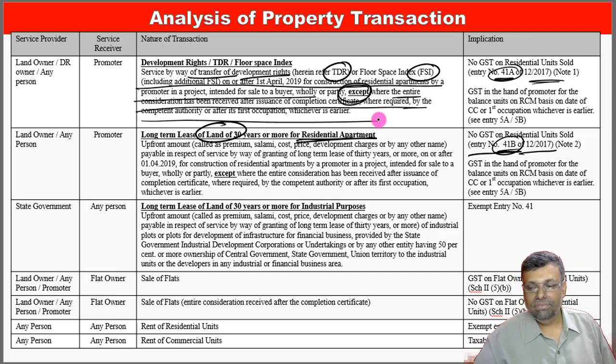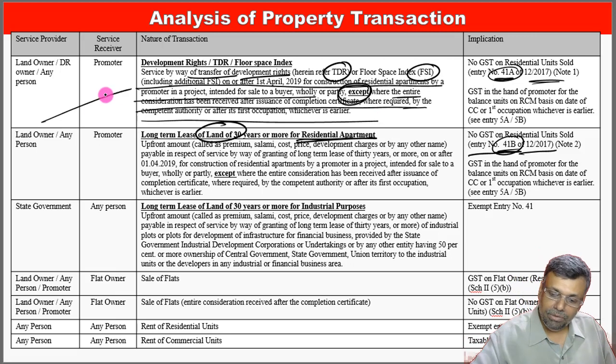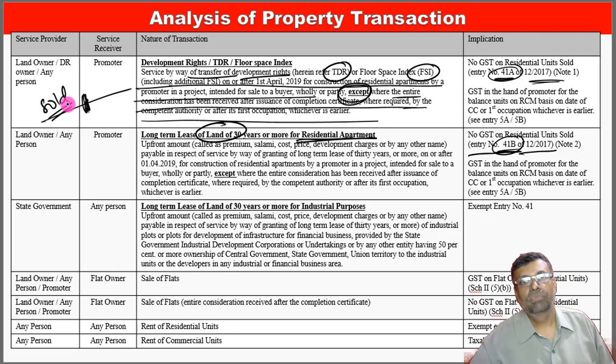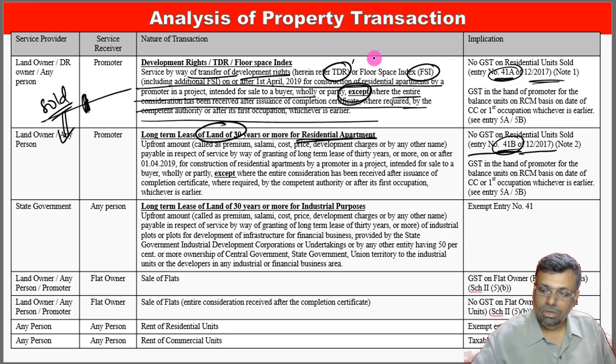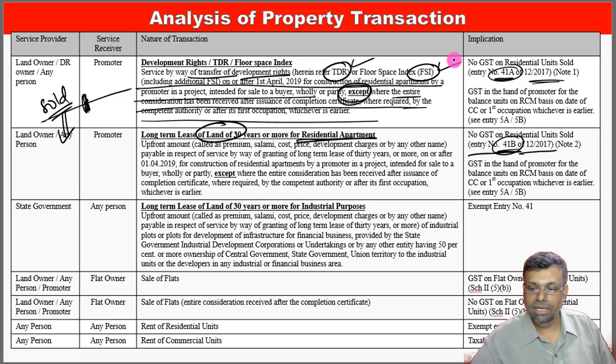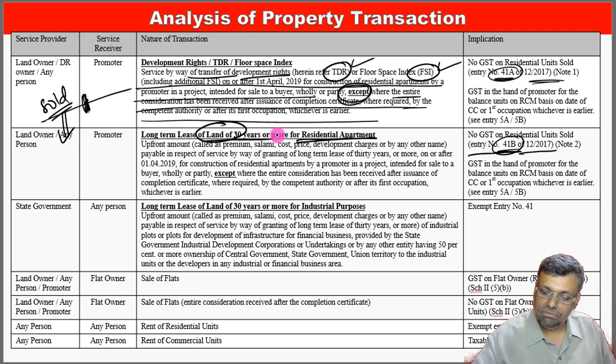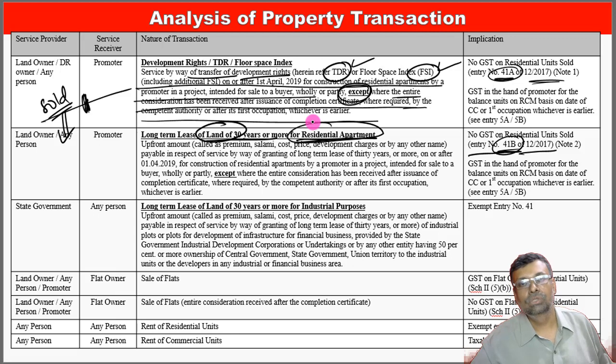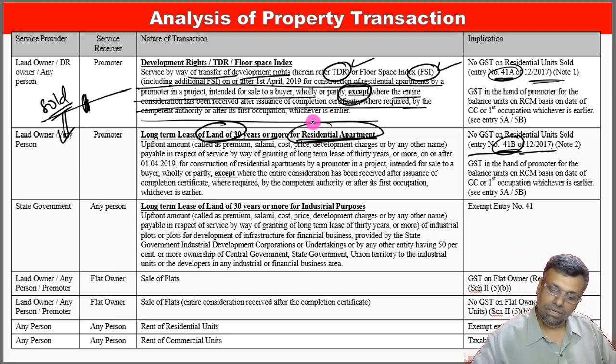So if you have sold it before the date, then to that extent you are fully exempt from the GST burden with respect to TDR, FSI, or the long-term lease of the land for the purpose of residential apartments. Is that absolutely clear? Put it differently, on the unsold portion, what is not sold means unsold portion on the cutoff date.